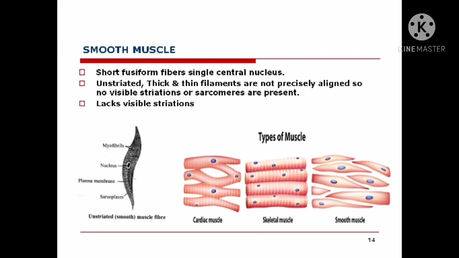They are thick filamented, not precisely aligned. So there are no visible striations or sarcomeres. They have no sarcomeres, that is why they have no striations. These are the sarcomeres which produce a striated appearance. So that is why they lack this property.